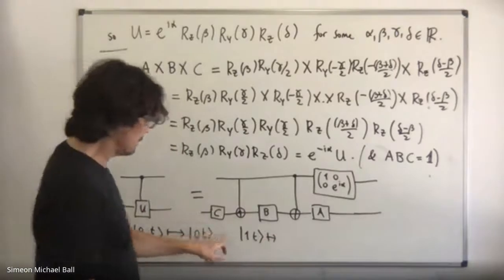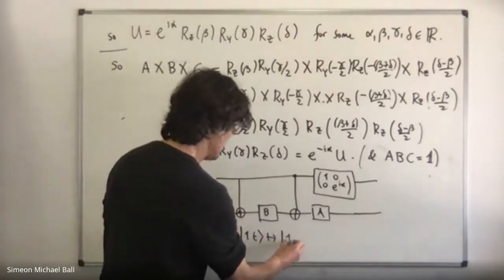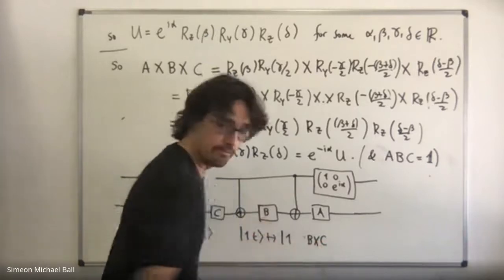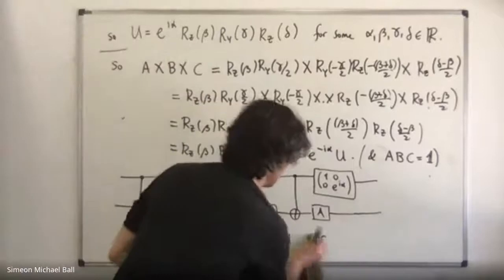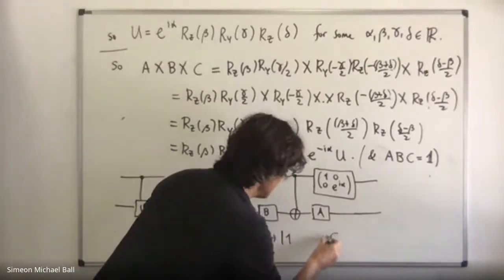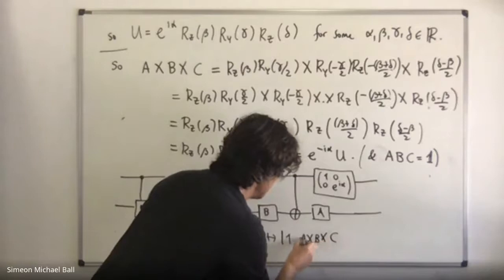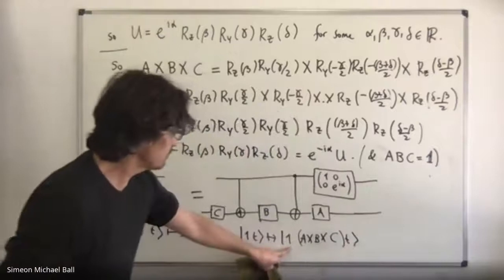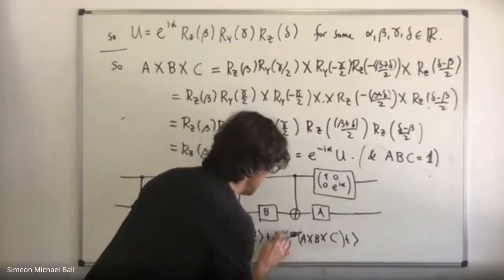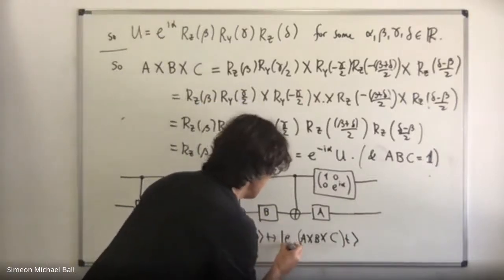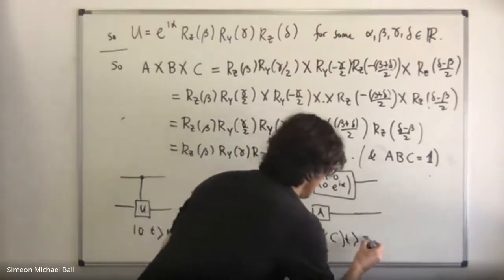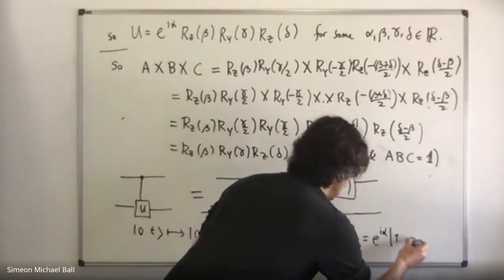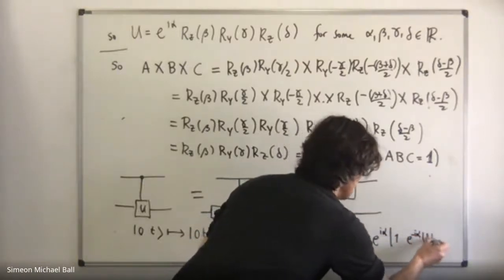It goes to 1, and then it gets a C, then an X, then a B, then an X, then an A. And meanwhile, this 1 here is getting multiplied by e to the i alpha. So this is then e to the i alpha, 1, e to the minus i alpha U, |t>.